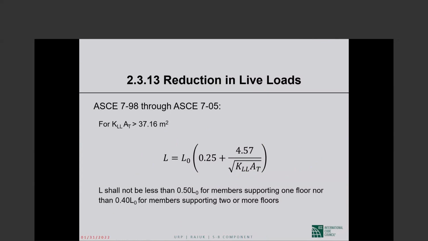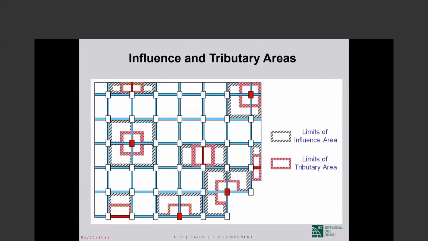Okay? So the influence area now was this K_LL times the tributary area. L shall not be less than 50% of L sub 0 for members supporting one floor as before, nor less than 40% of L sub 0 for members supporting two or more floors. Okay? And AC 798 gave you this very nice picture of tributary area and influence area superimposed on top of each other.